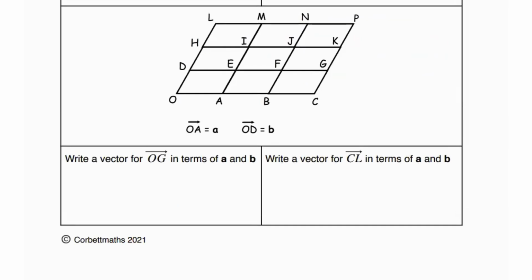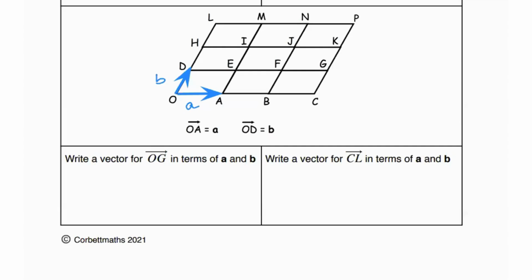The next question says, write a vector for OG in terms of a and b, and then a vector for CL in terms of a and b. So OA is given as a, and OD is given as b.